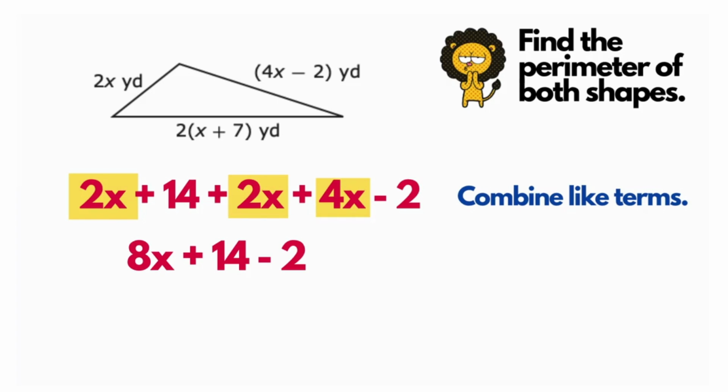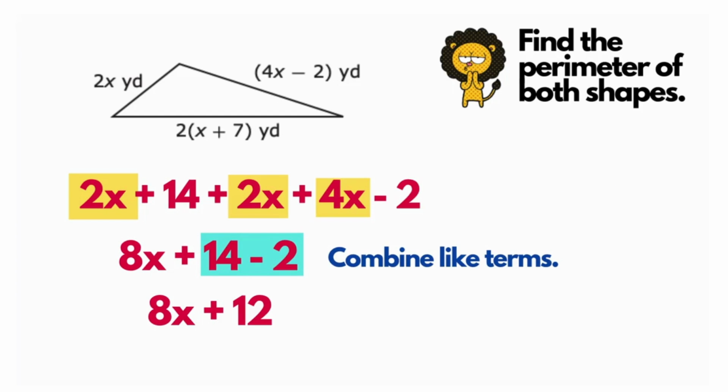So we have another set of like terms. 14 minus 2, they're both integers, we can combine them. 14 minus 2 is 12. Which leaves us with 8x plus 12. It has a variable in it, but that gives us the perimeter of the triangle.